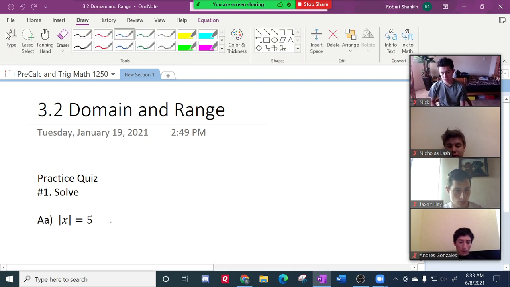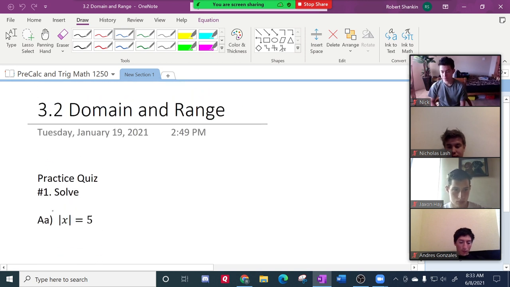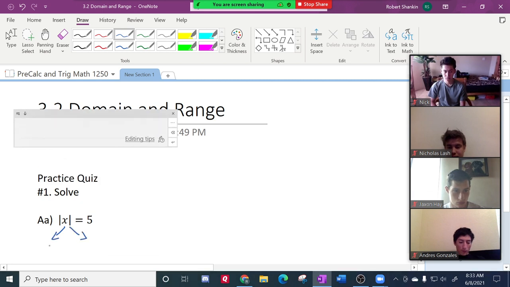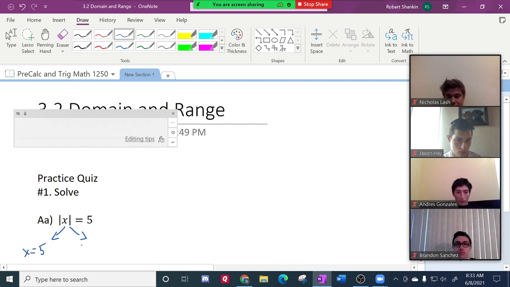Alright, so the solution method is this. We break this up into 2 equations. Either the absolute value isn't doing anything, in that case x was 5, or the absolute value is stripping off the negative sign, in which case x had been negative 5.